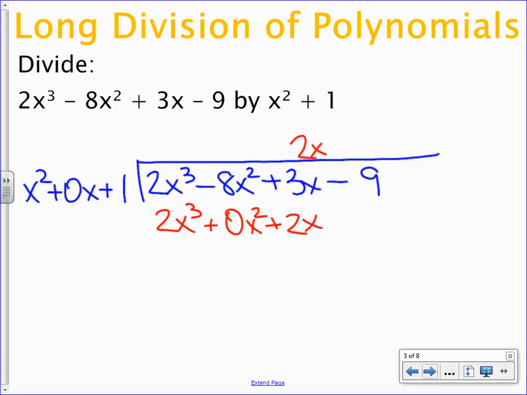And please remind me, what do we do with these two expressions? Subtract. So these should go away. That's the whole point. What are we left with? Negative 8x squared plus x minus 9.